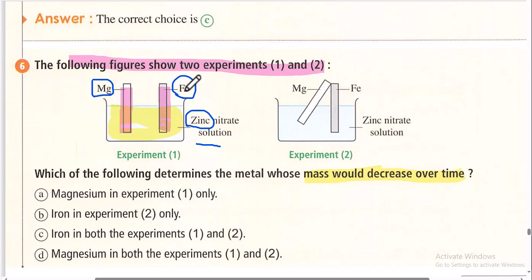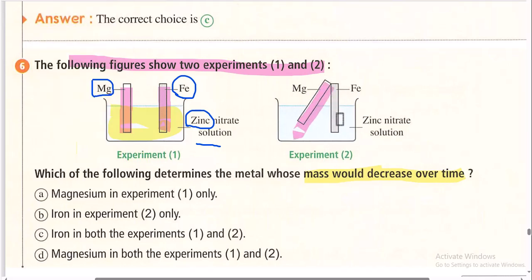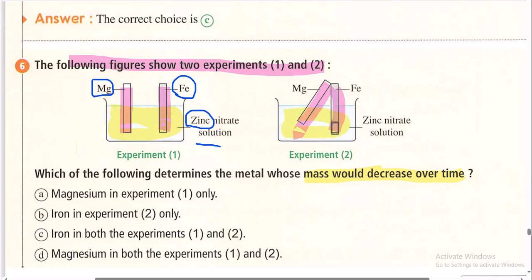Its oxidation potential is 0.44 volt. It is less than the oxidation potential of zinc, which is 0.76 volt. So magnesium will dissolve in this solution in this case, and in the other case magnesium also will dissolve in the solution of zinc, as magnesium is more active than zinc in both cases.